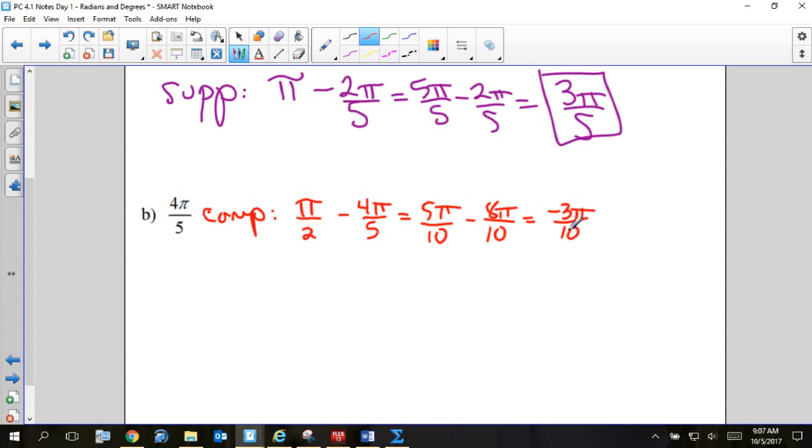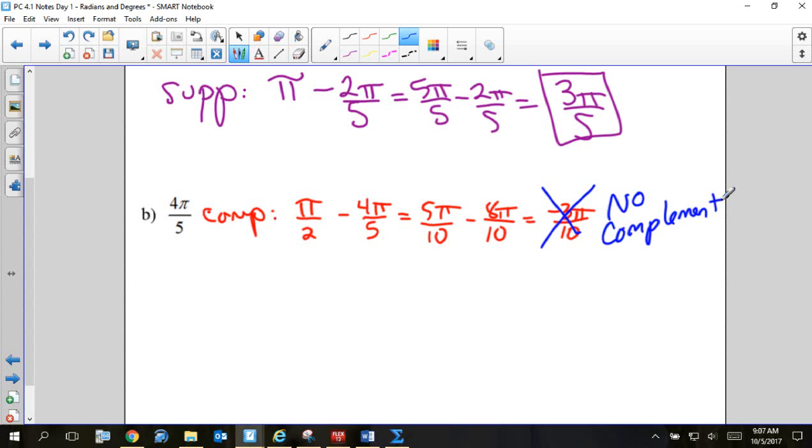But in order to be complementary, you can't use negative. So this original angle they gave us, 4 pi over 5, was already over 90 degrees. If you get a negative answer, then there's no complement.